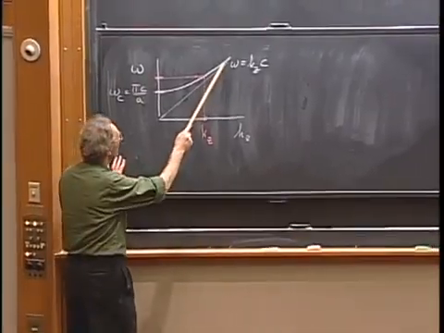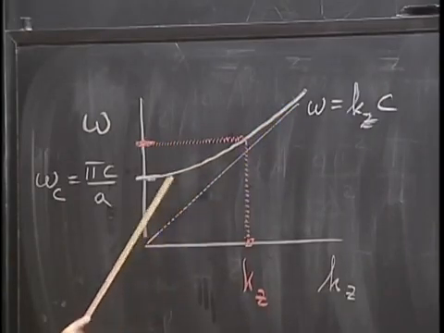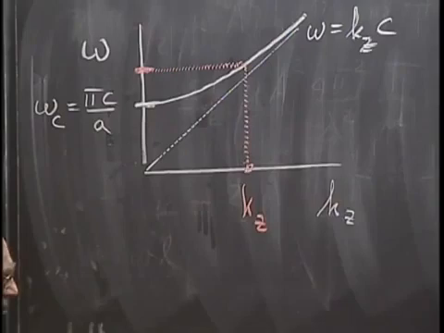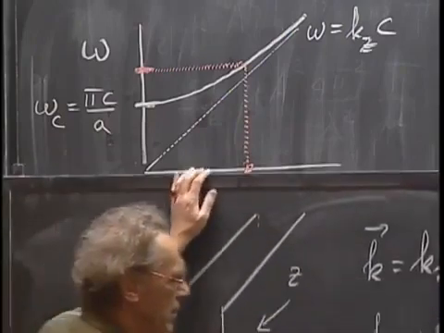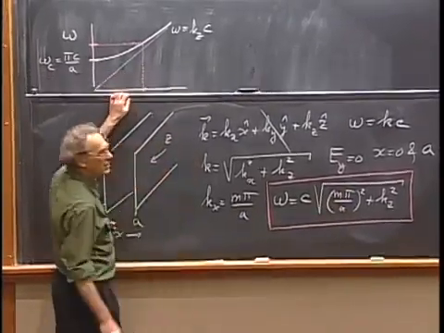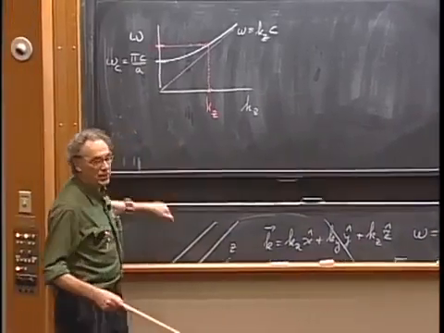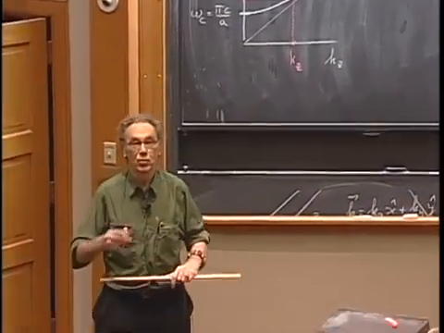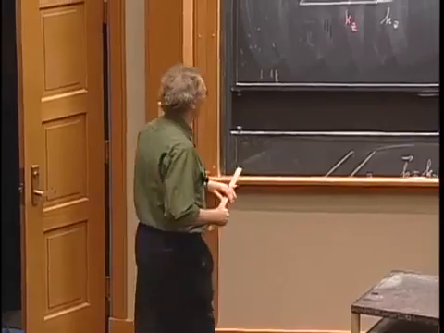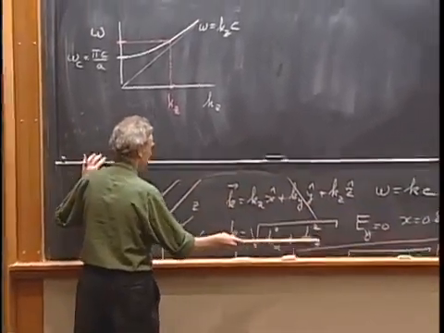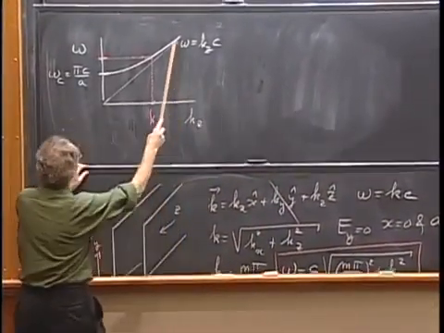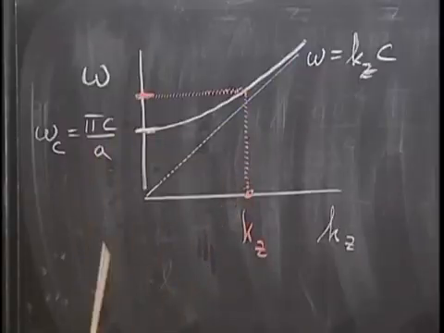Everywhere on this line, kx is the same value, and the kx value everywhere is pi over a. And so kz is being slaved to become the value that meets this dispersion relation. That's this line, so kz settles there.